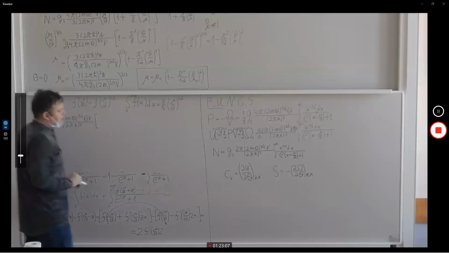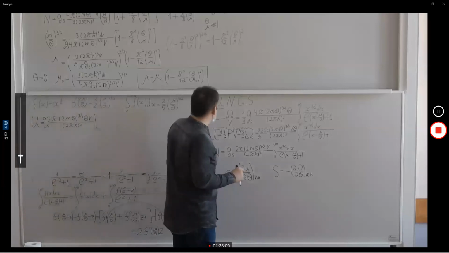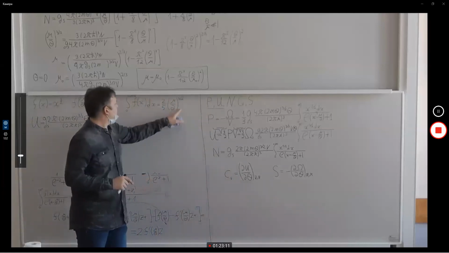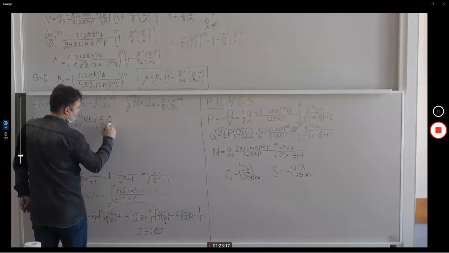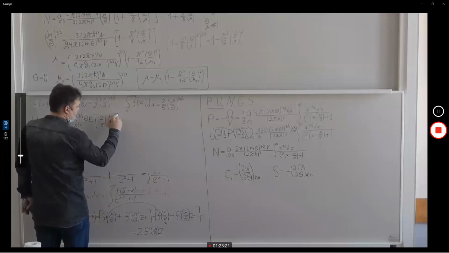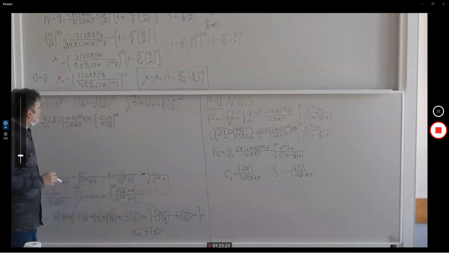And here in the bracket, I have 2/5 of mu divided by theta to the power 5/2.